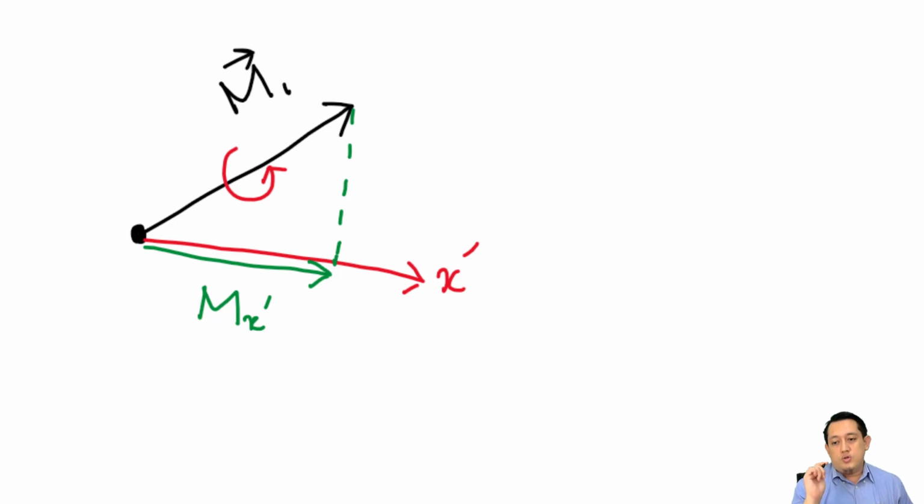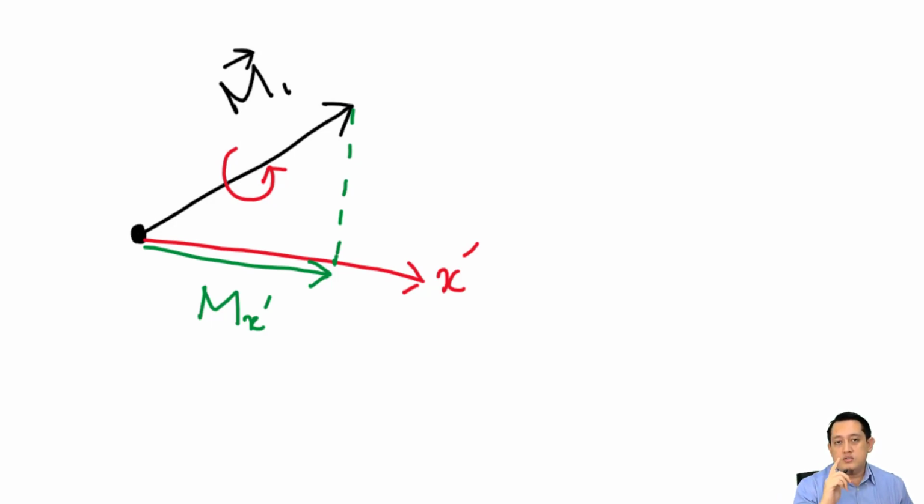To calculate this, we can use dot product. If you still remember how to find a force in a specific direction using dot product, moment is also the same. We use the same principle, which is dot product.